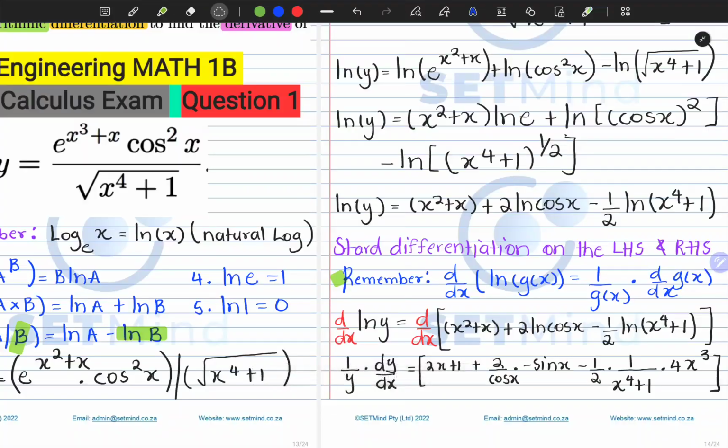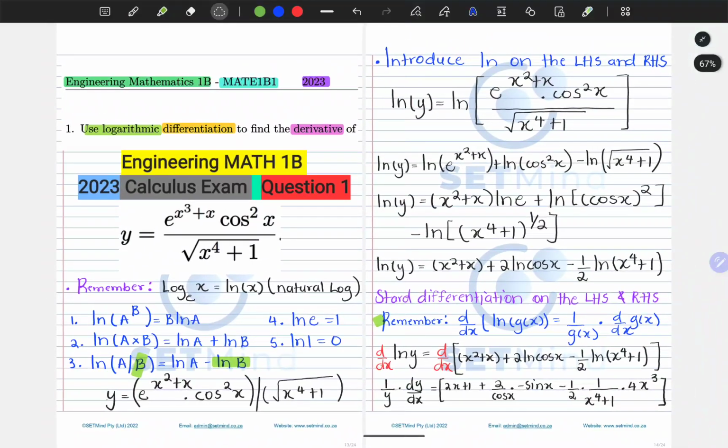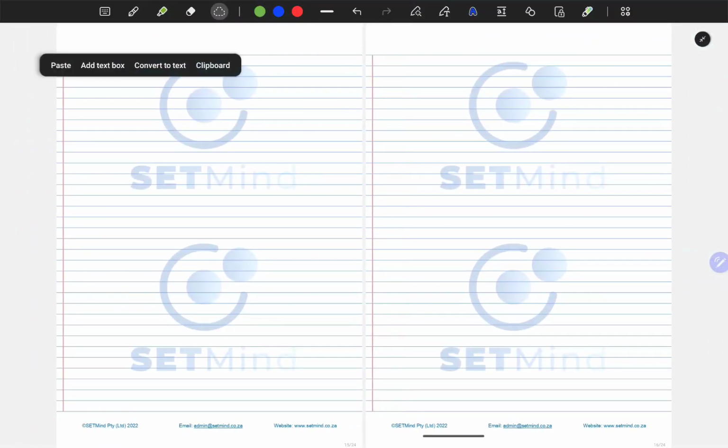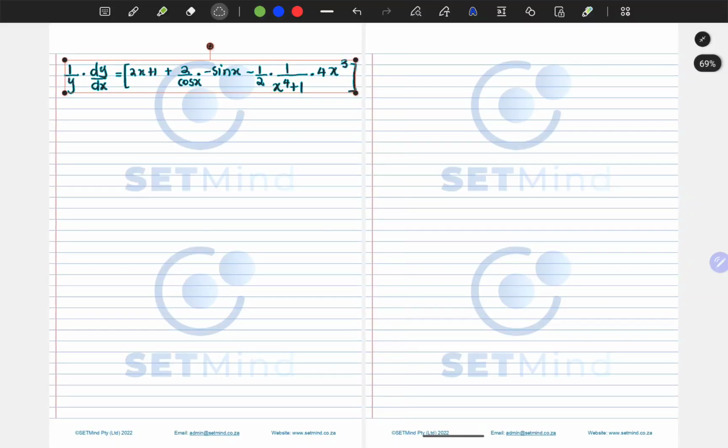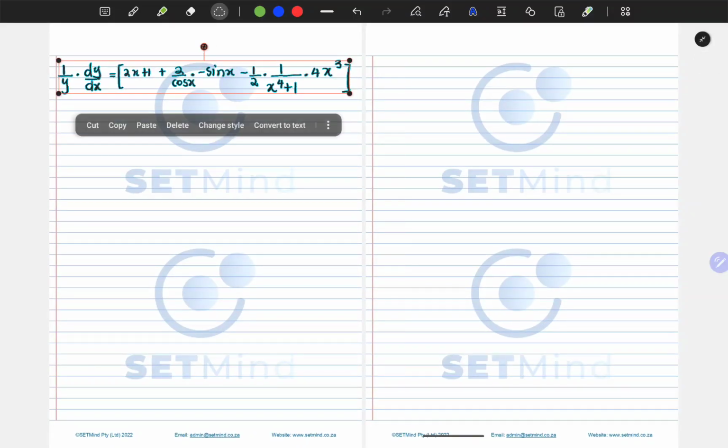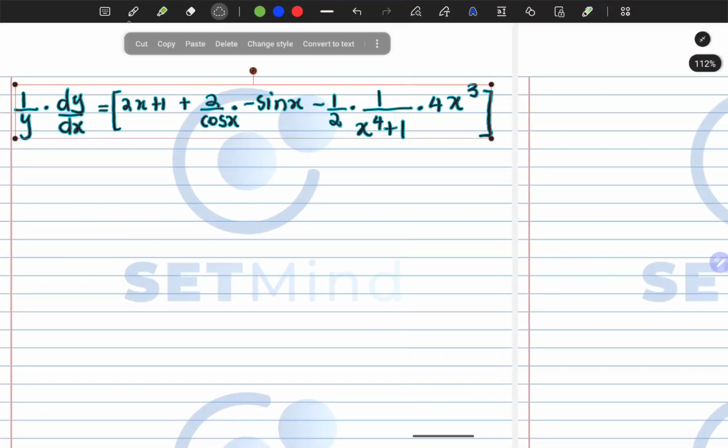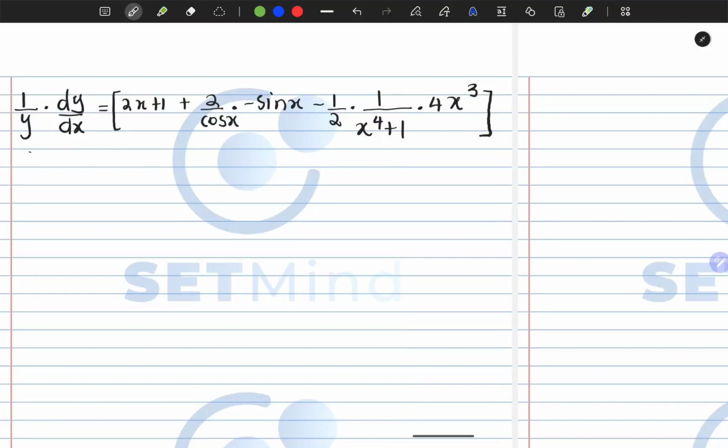So with this, we are now in a position to go to the next page and simplify this problem and see what we end up getting. So let's paste that. And remember, what we are solving for here is dy dx. So that is very important for you to remember.